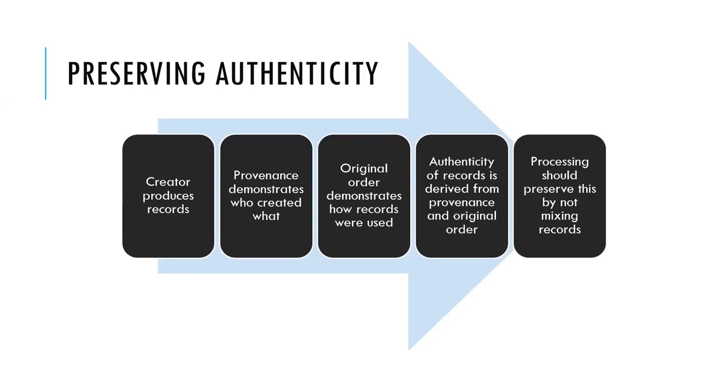then that can create some authenticity issues, and it can really affect the provenance of my records, because if a person shapes my collection, then they are essentially creating the record, and the records are no longer really a collection of my papers.